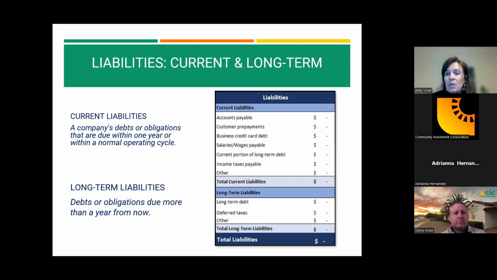And here is what a simple chart of accounts may look like for the liabilities. You would have your accounts payable under current liabilities, those need to be paid. Customer prepayments that you're holding until you fulfill the order. Your business credit card balance, any salaries that are payable, and then a current portion of long-term debt.